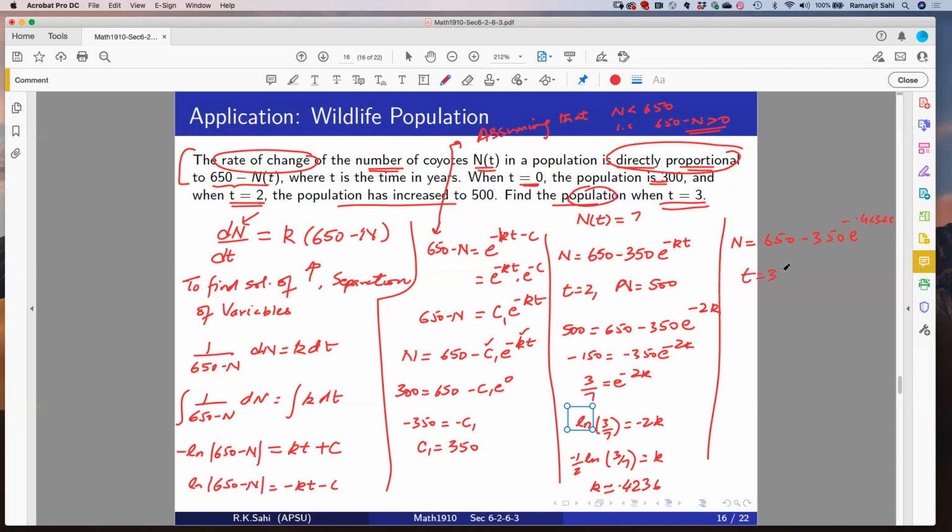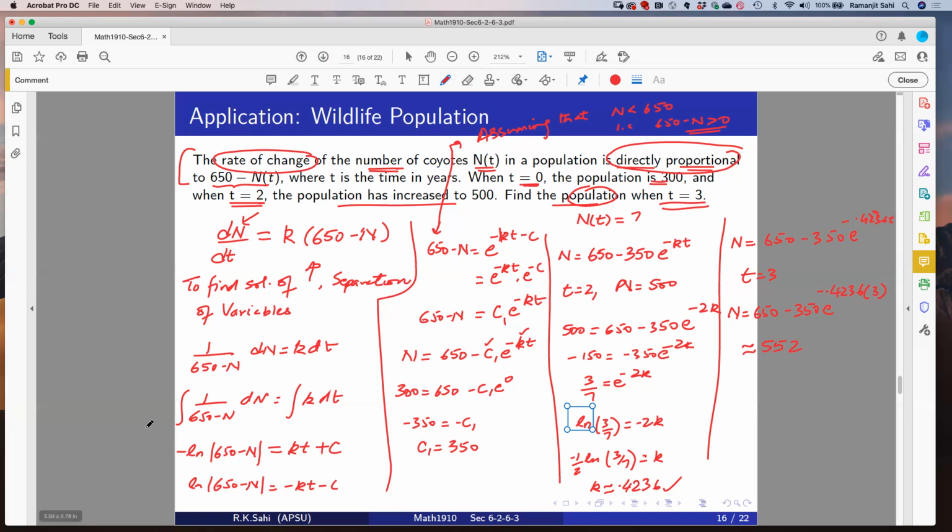So when t is 3, substituting, n is 650 minus 350 e to the power negative 0.4236 times 3. Approximately n is 552. So that means after 3 years, the coyote population is 552.